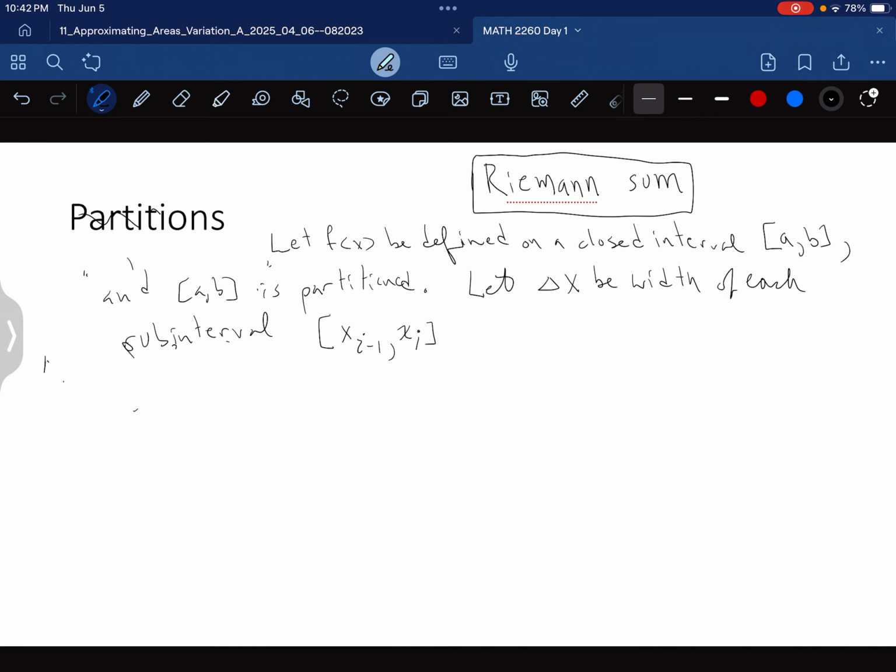And so for each i, and here's the kind of new thing, let x sub i with a little star up here be any point in that subinterval.